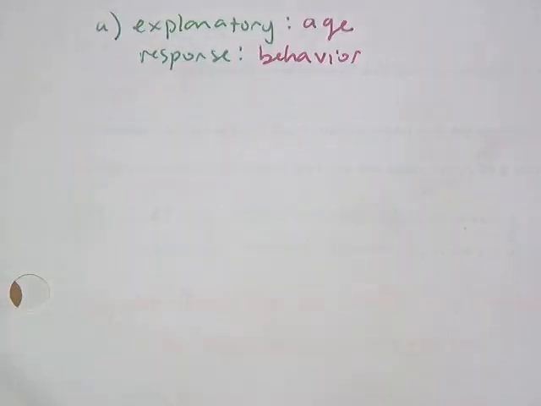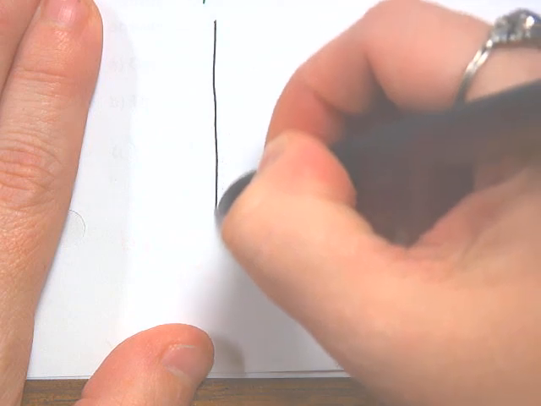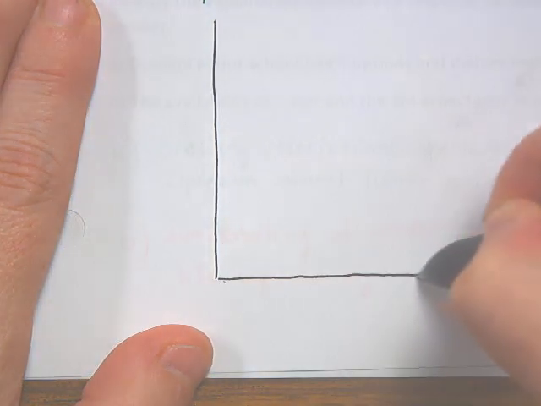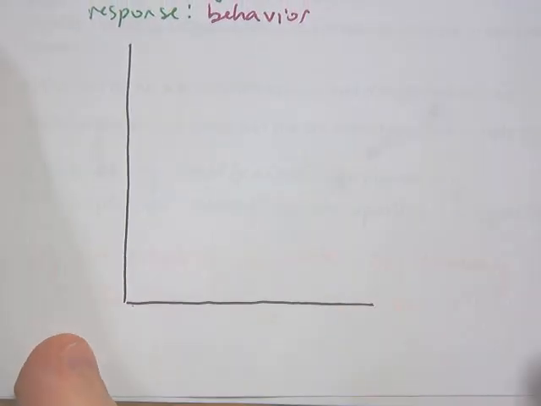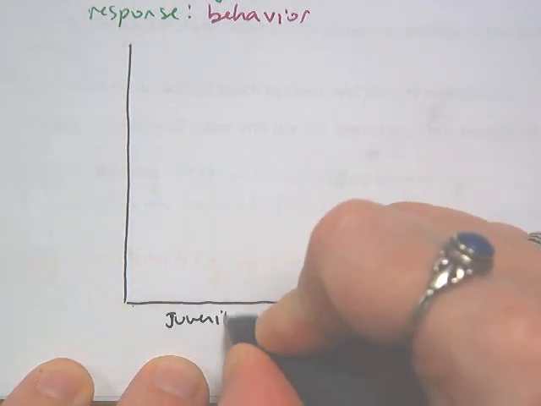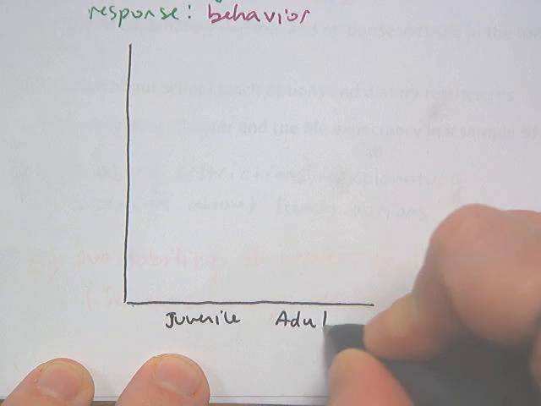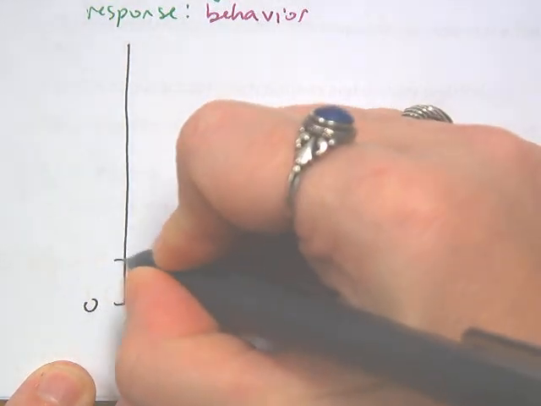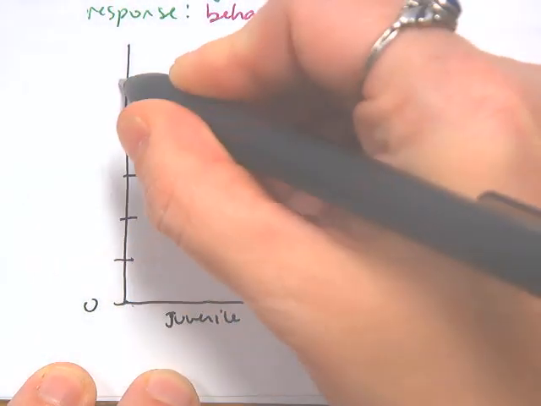Okay, go ahead and draw your axes. We're going to do this one the same way. We're going to have one bar for juvenile and a bar for adult. We'll start at 0, 0.2, 0.4, 0.6, 0.8, 1 whole.